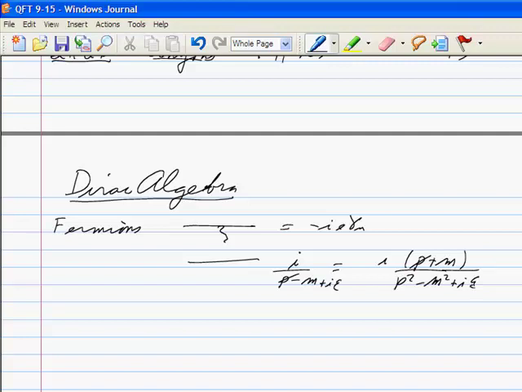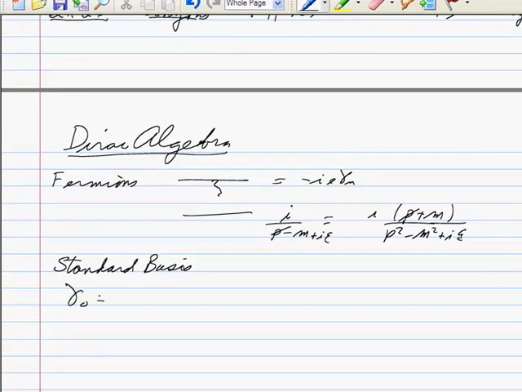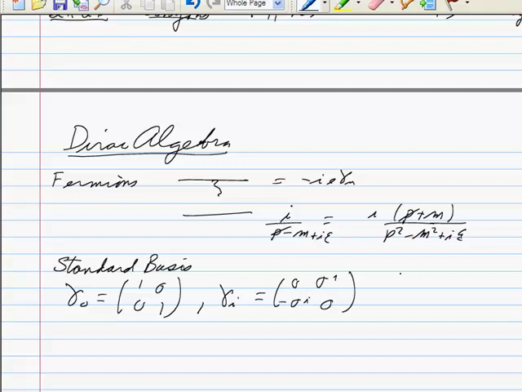So we need to do a few things here. I'm going to use the standard basis in everything I do. So gamma 0 is going to be (1, 0; 0, -1). Those are 2 by 2 matrices. Gamma i is equal to (0, sigma i; minus sigma i, 0).